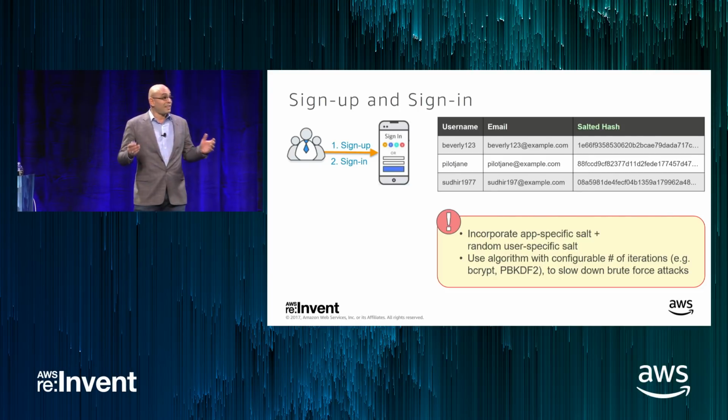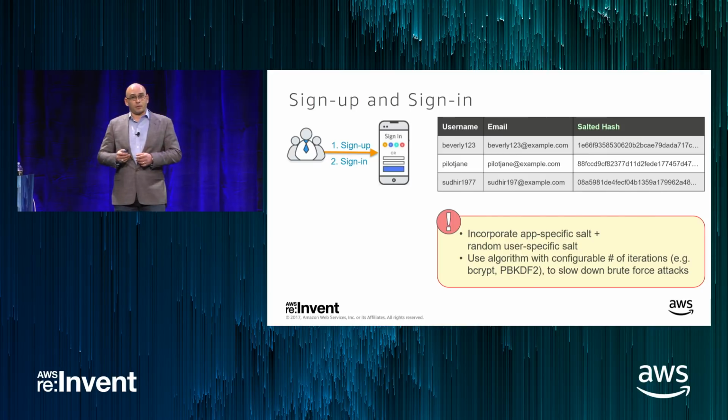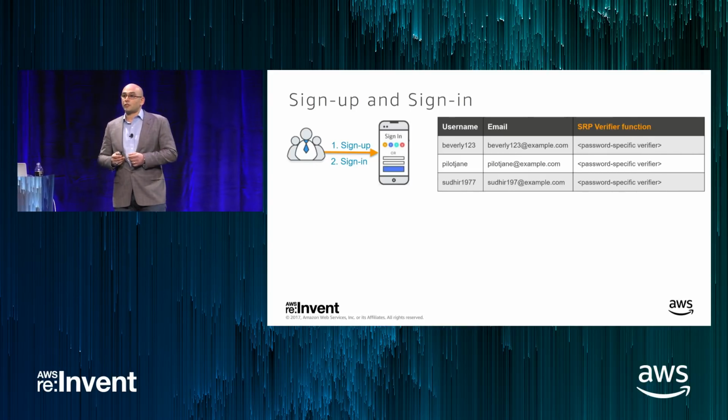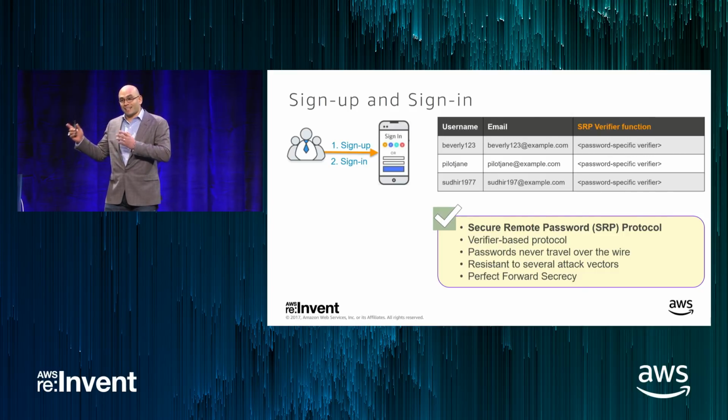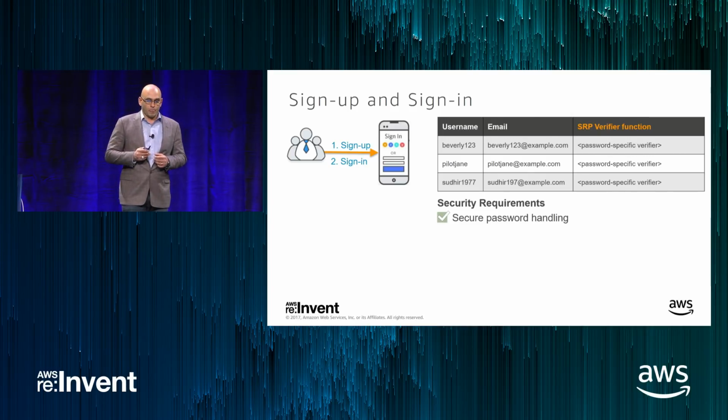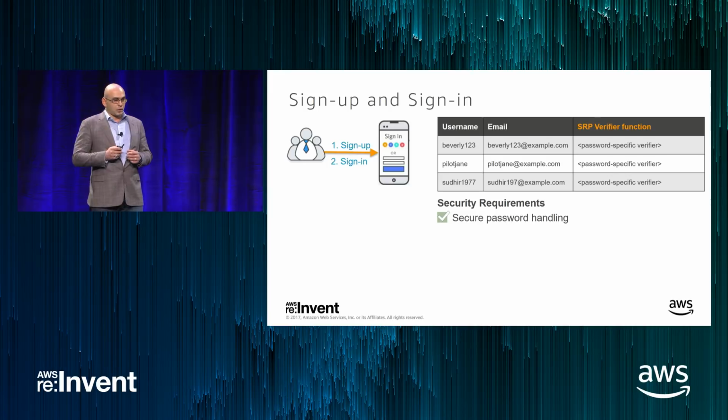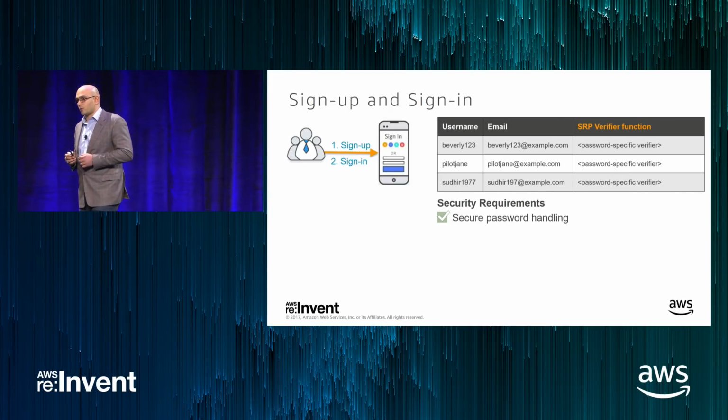What if you didn't even want to save the password in the database? What can you do? Well, you can use Secure Remote Password Protocol, which was developed at Stanford. And what that is, it allows you to create a verifier code from the password and transfer that and save that in the backend.